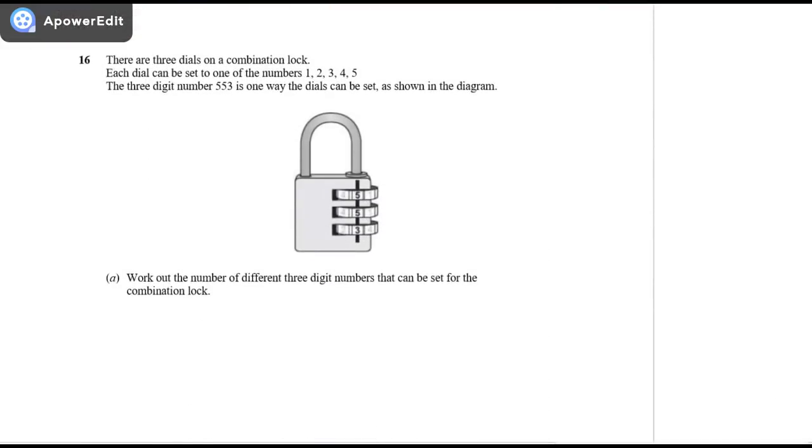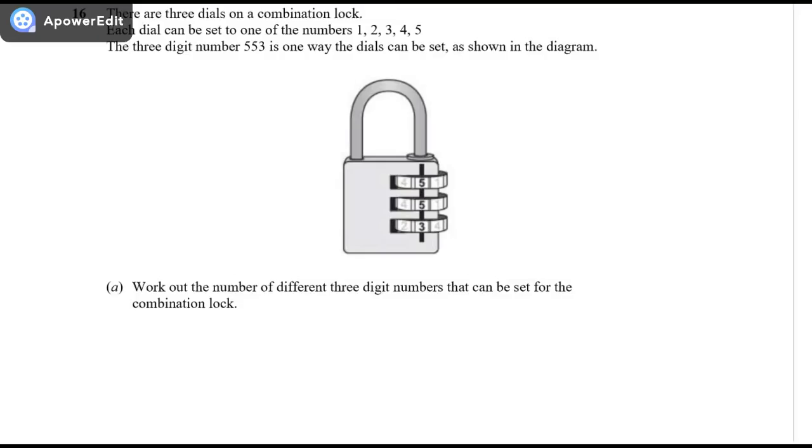Question number 16. In this question, there's a lock given, so each dial here can be set to one of the numbers 1 to 5. So this number is going to be from 1, then 2, 3, 4 and 5, and same on the second dial and the third dial as well. The question is to work out the number of different 3-digit numbers that can be set for the combination lock.